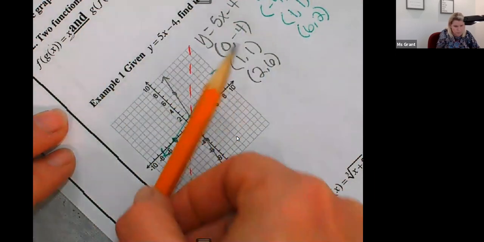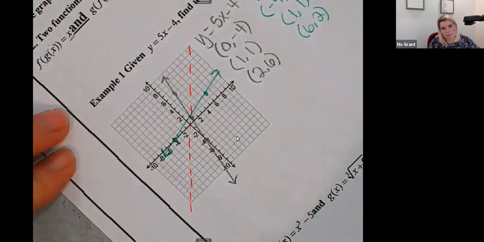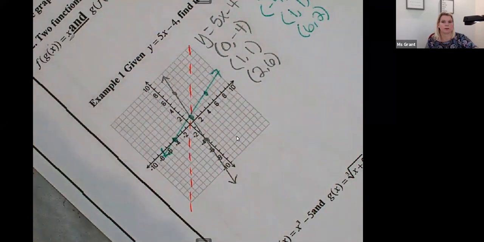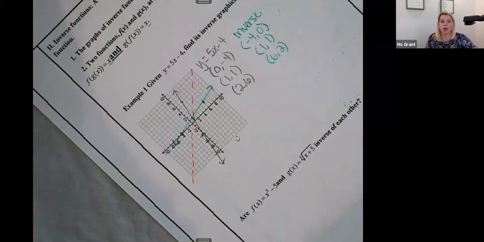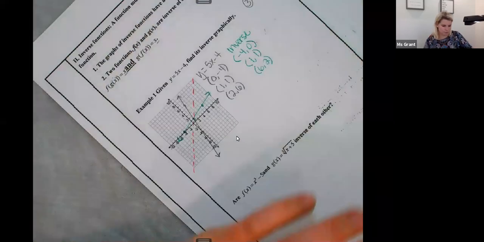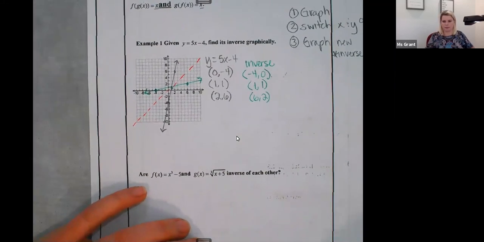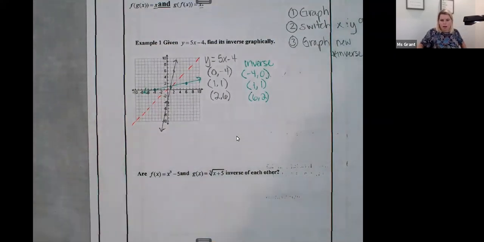See that? That's always going to be how inverses look. So you'll know you're on the right track if, when you look at the y equals x line, you've got some sort of a pattern going.